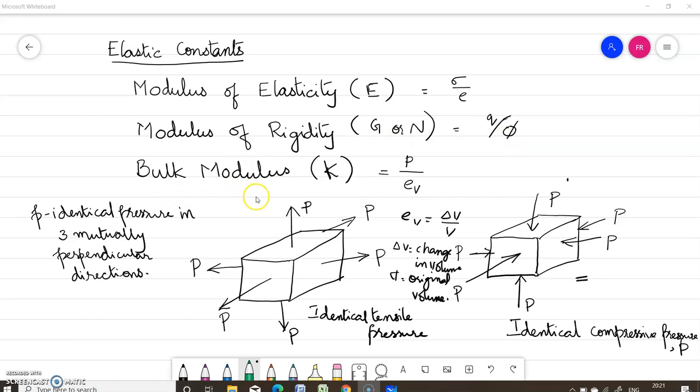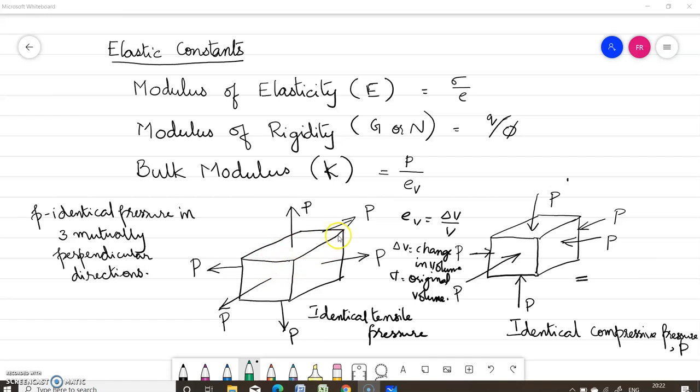Now what is bulk modulus? Bulk modulus K is equal to volumetric stress by volumetric strain. So we can represent the stress by the letter P. What is P? P is the identical pressure in three mutually perpendicular directions.